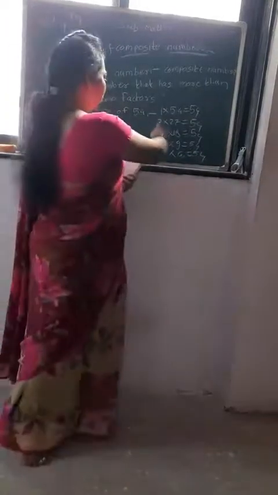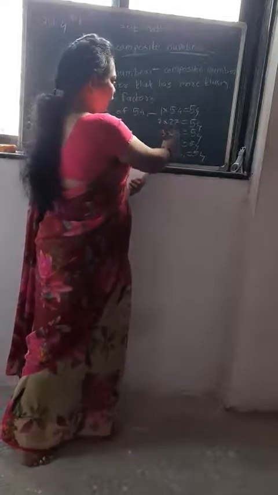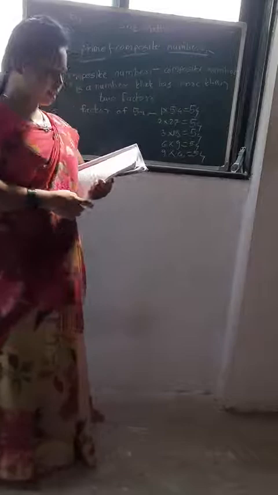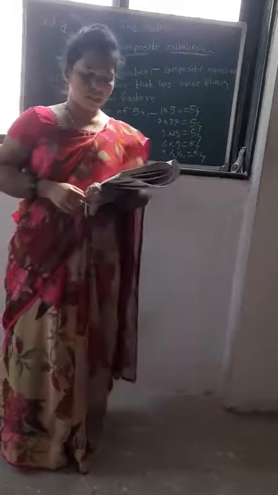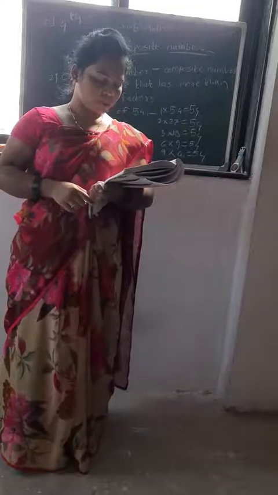So 54 has 1, 2, 3, 6, 9, 18, 27 as factors. Here factors are more than 2. Therefore 54 is a composite number.